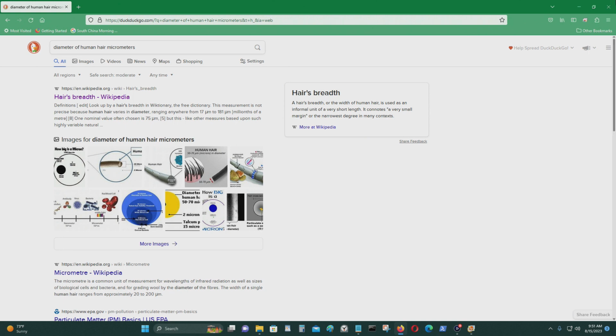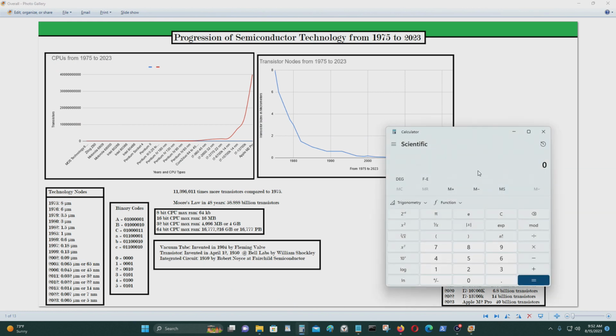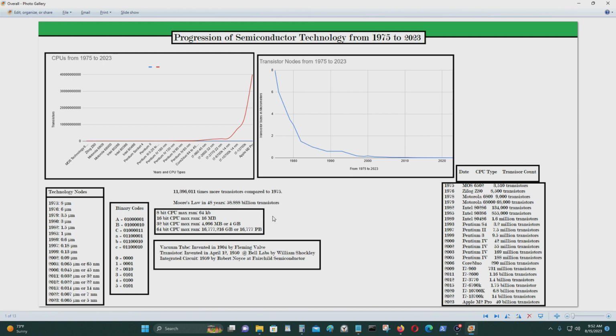That's the diameter of a human hair. So 8 micrometers is definitely smaller than a human hair, by about 2.13 to 22.5 times less diameter, which is pretty amazing.